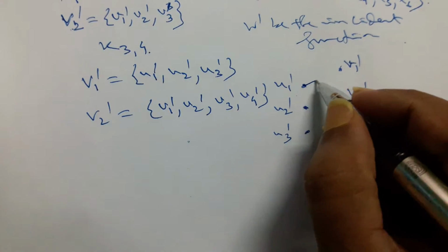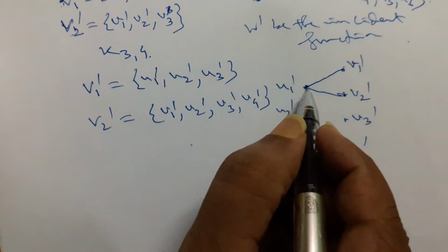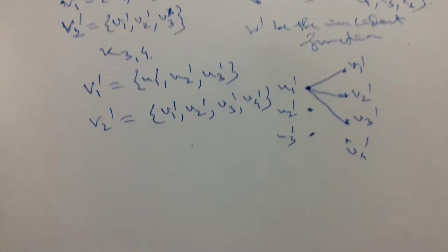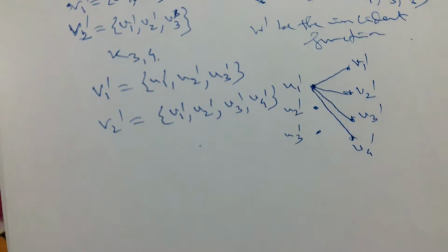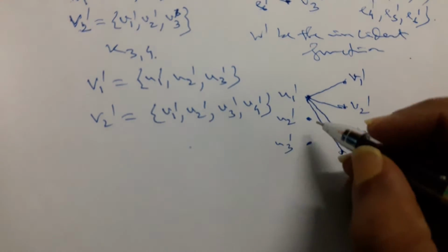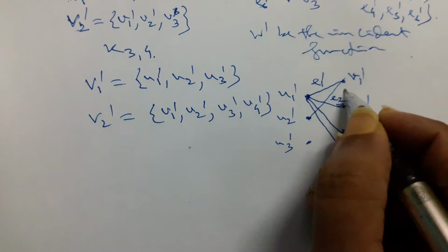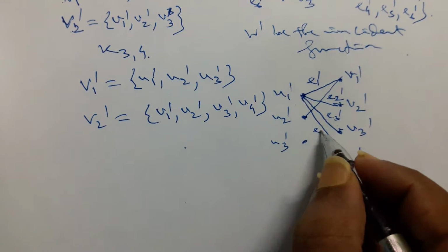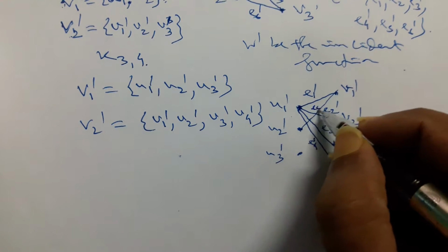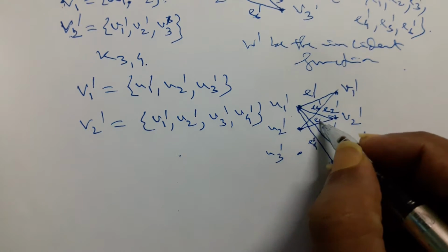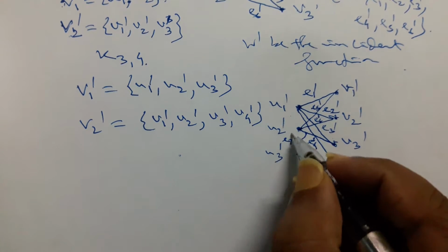If we join u1 dash to all the points v1 dash, v2 dash, v3 dash and v4 dash, and similarly for the other cases, we join all of these. We label the edges E1 dash, E2 dash, E3 dash, E4 dash, E5 dash, E6 dash, E7 dash.